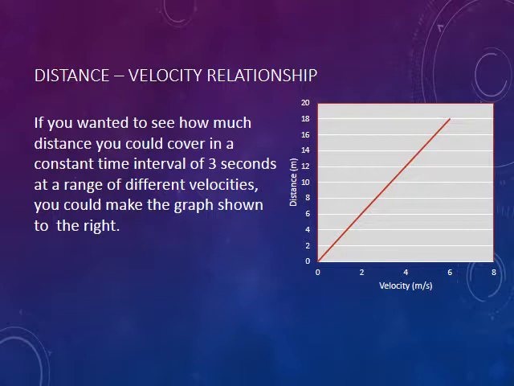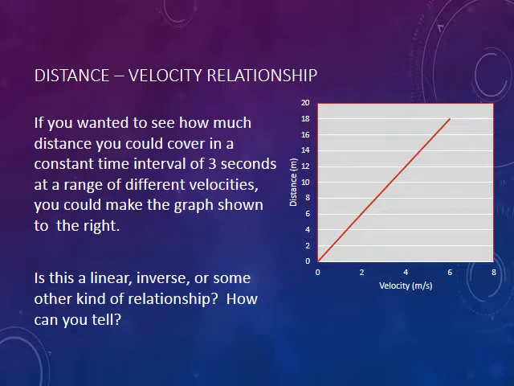So if we travel for the same amount of time, but we travel at a higher velocity, we should cover more distance. Same concepts here apply as the previous slide. Is this a linear, inverse, or other kind of relationship? How do you know? So if we look at the graph, you should be able to tell that this is a linear relationship.